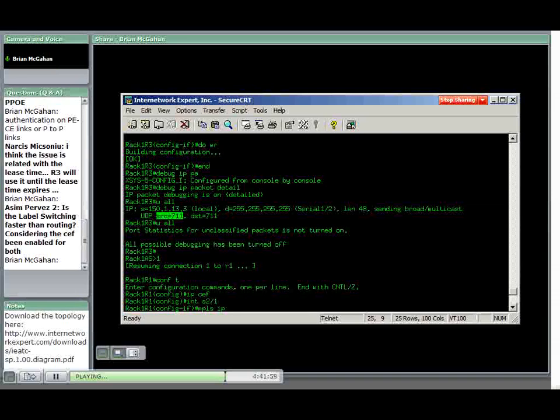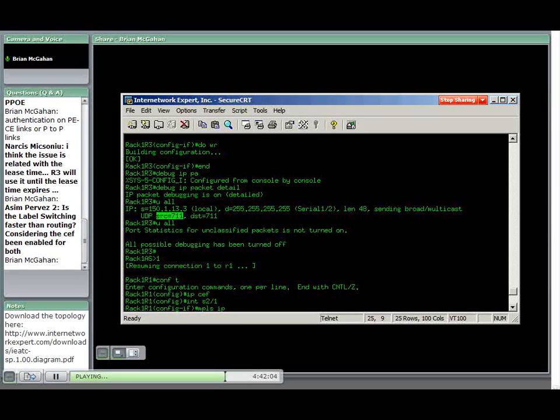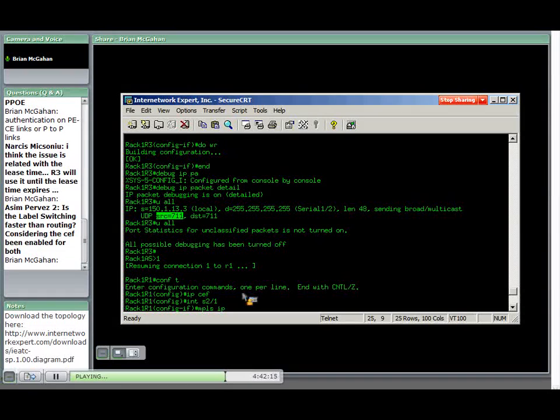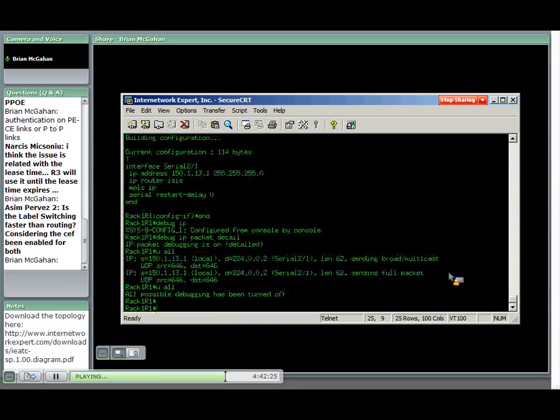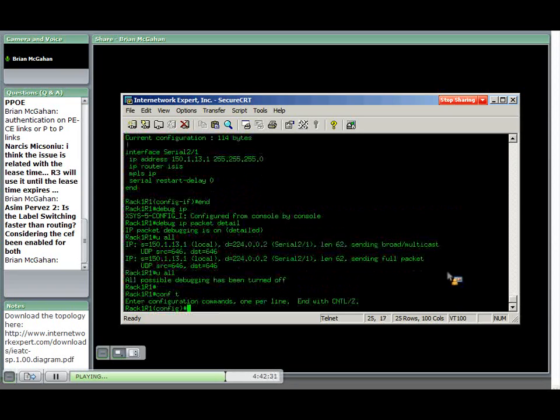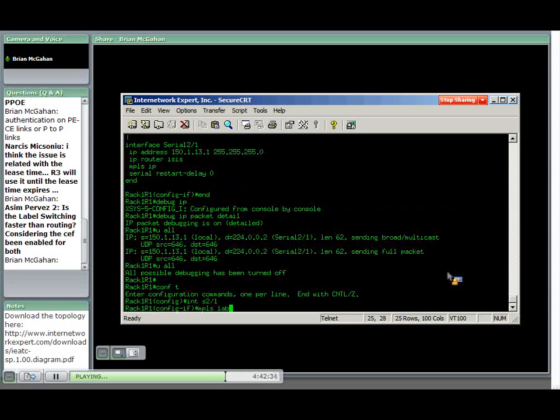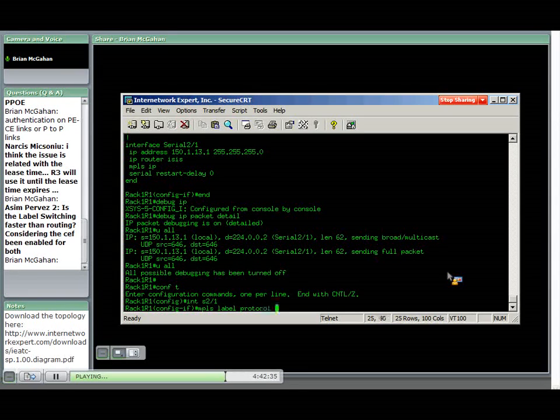And if we debug IP packet detail, we can see that we're sending traffic to the multicast address 224.0.0.2 with a UDP destination of 646. Okay, so now we have a problem. We have router 1, which is running label distribution protocol. We can see that based on that UDP port and the multicast address. And router 3 on the same segment, which is running tag distribution protocol, using UDP broadcast at port 711.